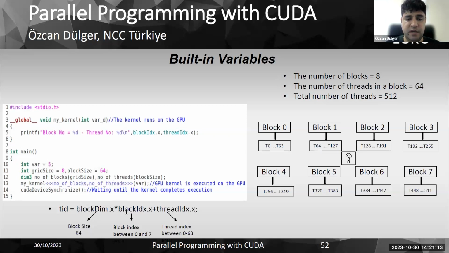And multiply it with the index of that block, which is between 0 and 7 here, as you see. And add the local index of the threads in the block, which is between 0 and 63.